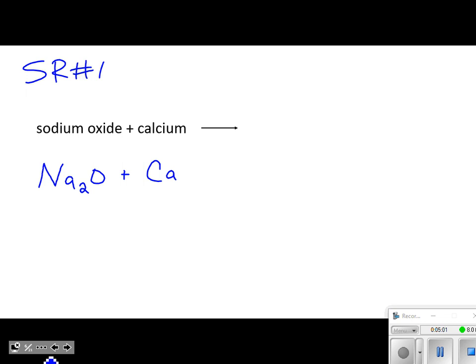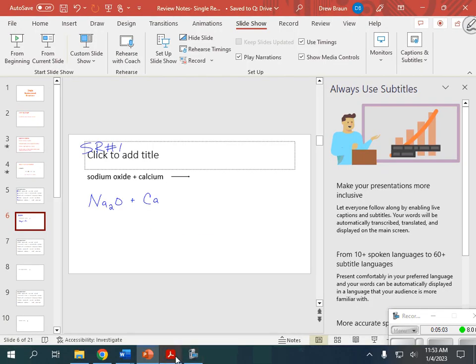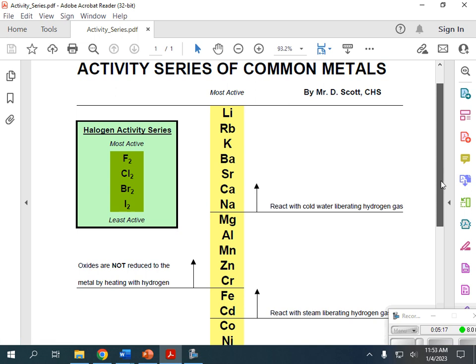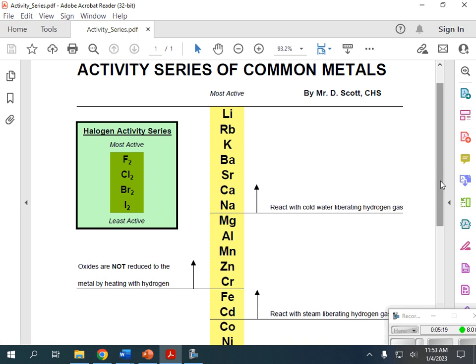So to do that, I'm going to come here. Here's my activity series. So I look at my activity series and I say, okay, will calcium replace sodium?